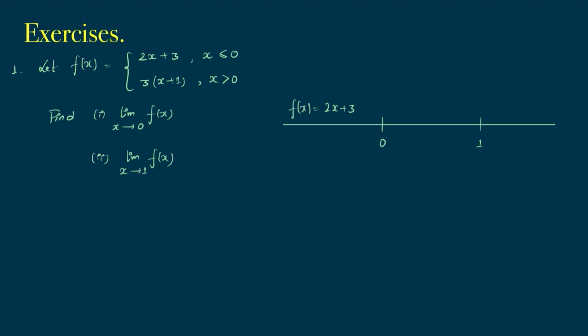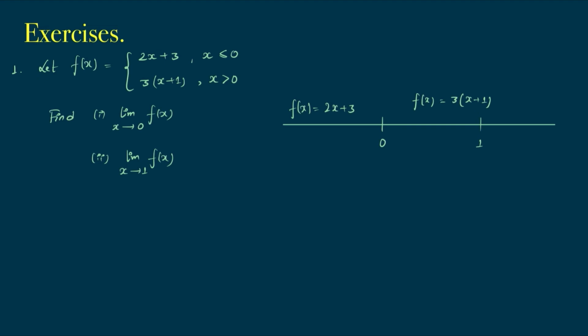And see here, whenever x is greater than 0, the function is 3 into x plus 1. That means on the number line, this portion is greater than 0, up to infinity. So here the functional value is f(x) equals 3 into x plus 1.